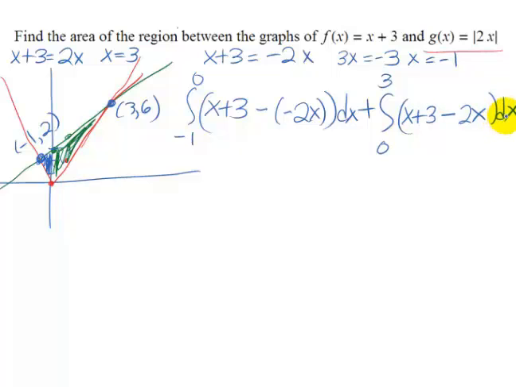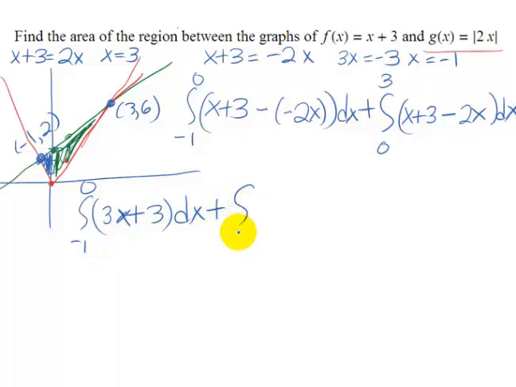Let's go ahead and simplify, and then we'll compute our integrals. So this one is going to be 3x plus 3 dx, and then plus integrating from 0 to 3, combining these, negative x plus 3 dx.